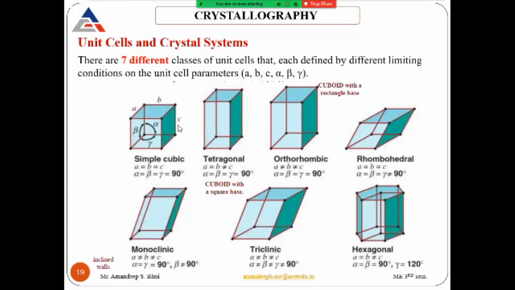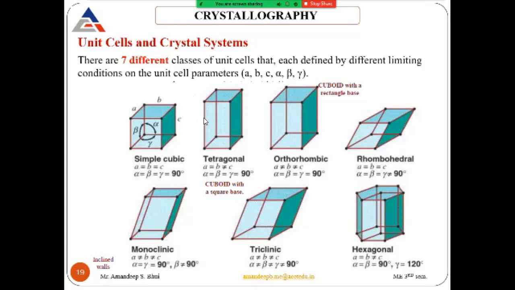And then comes your hexagonal shape. In hexagonal shape, if we take this cell on the top face and the bottom face, this becomes the unit cell that repeats itself. So in this case, a is equal to b, but it is not equal to c. c is different.